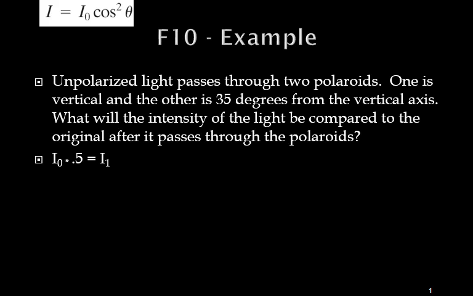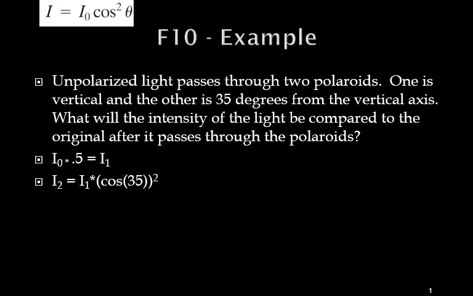And that light is cut in half because it's unpolarized, and then it passes through a polarizer, and half of that light is cut out. And so at that point, it's vertically polarized, and it's going to pass through the second one, and it's at an angle of 35 degrees.